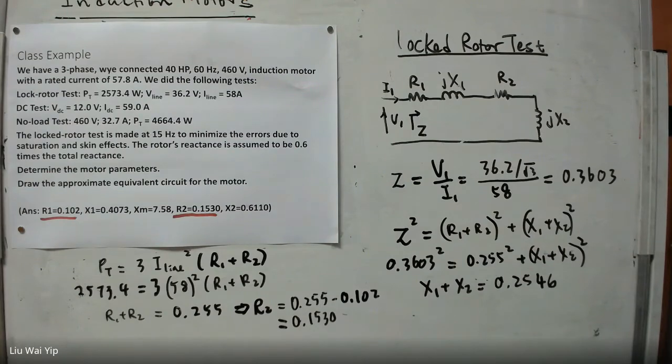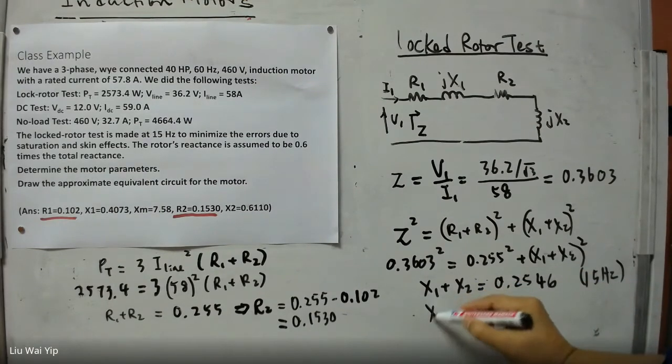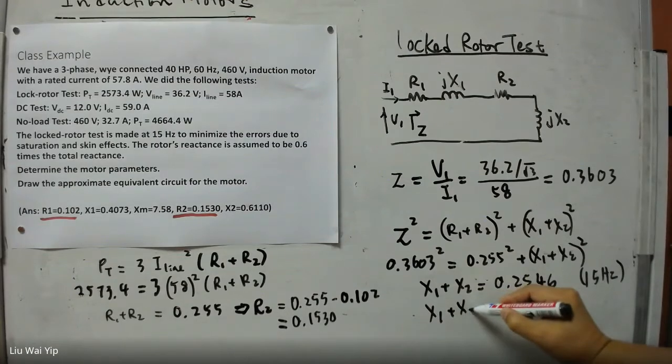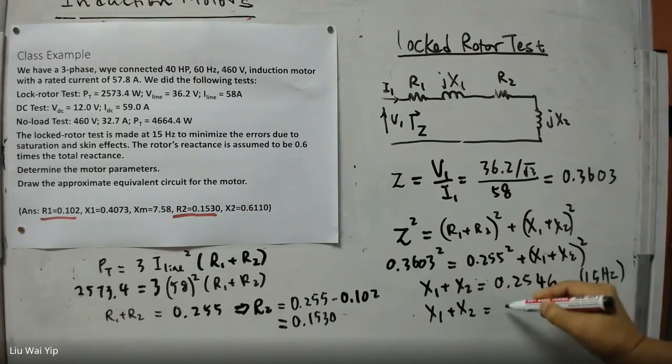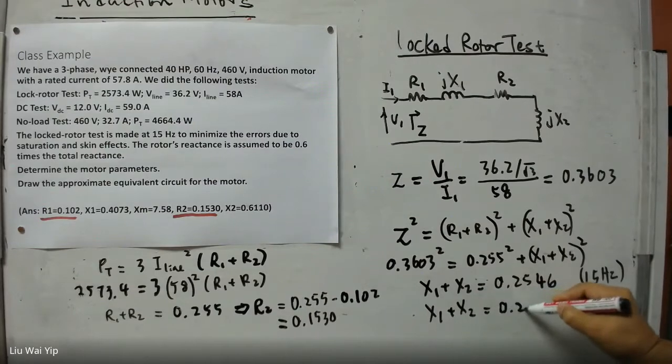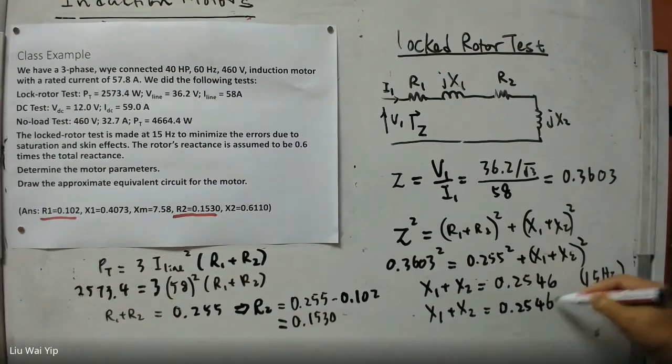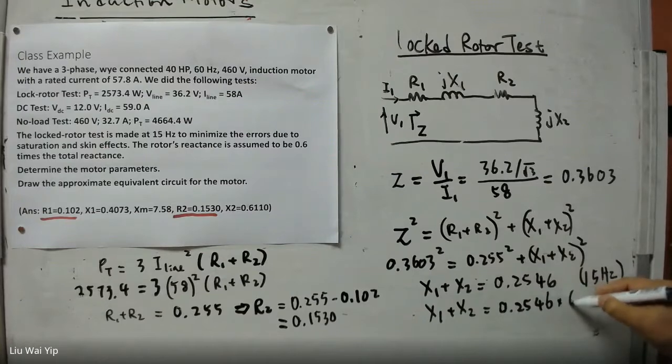And now this is the reactance calculated at 15 hertz. So eventually we need to adjust this frequency. The reactance at 50 hertz is going to be this value times 50 divided by 15.